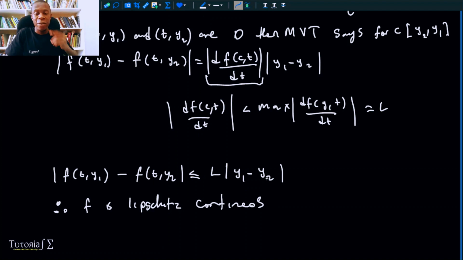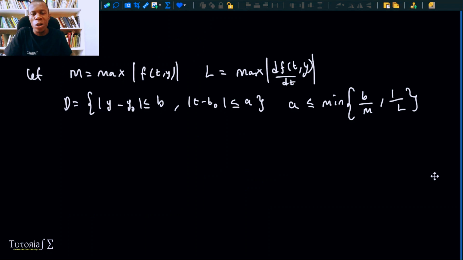Therefore f is Lipschitz. So we have verified the first thing, that is, f is Lipschitz. Now we need to verify that the solution of the initial value problem exists on the domain D. Again, we're going to get the same thing, so we'll let M be the maximum as already noted, and L be the maximum of the derivative, and we have the region this.